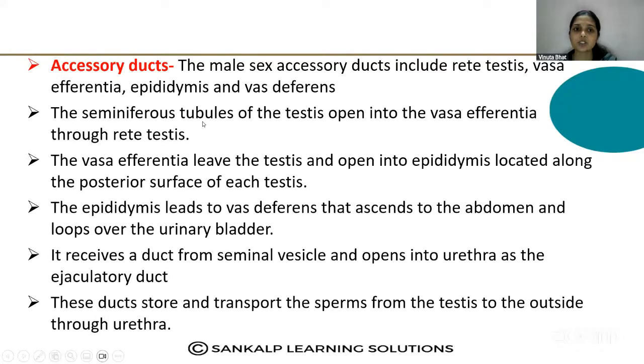The seminiferous tubules of the testis open into the rete testis, and the rete testis opens into the vasa efferentia.